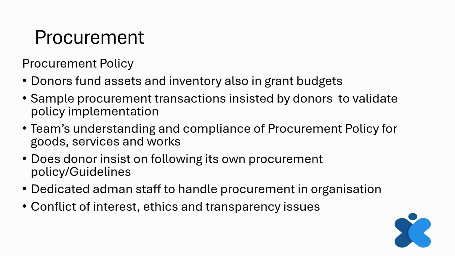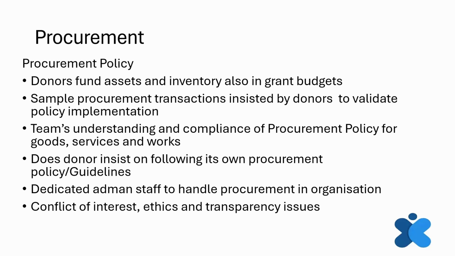So not only program goods, which are specific to the program, but also inventory, other things for various administrative reasons, or fixed assets, which are also funded by these donors.